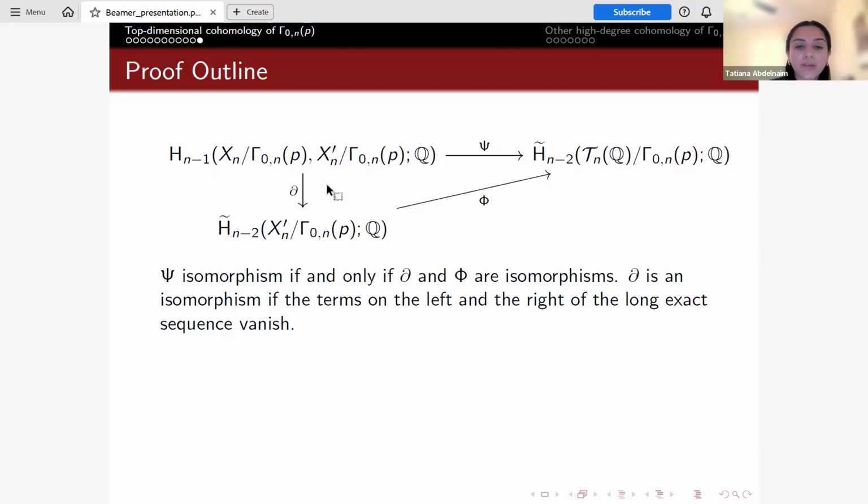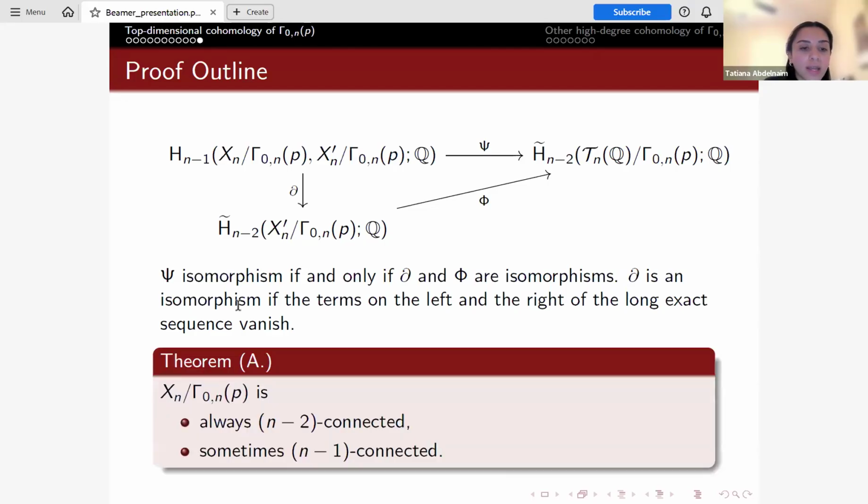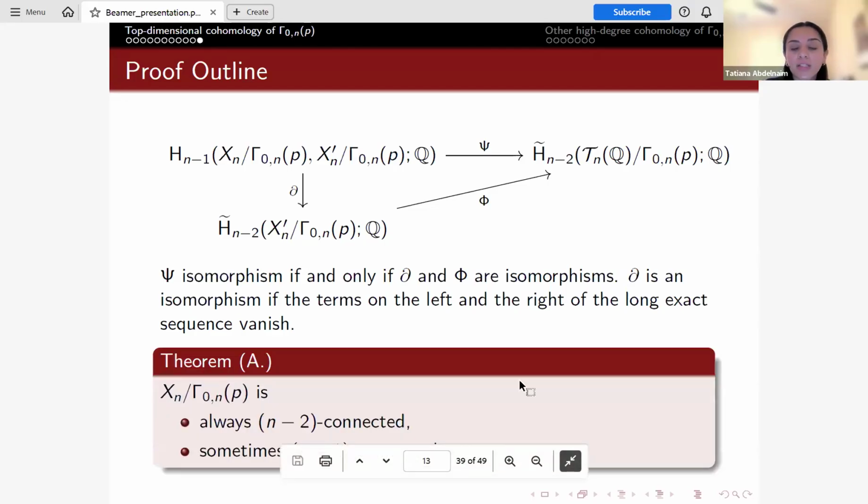And this boundary map is an isomorphism if the term on the left in the long exact sequence and the term on the right in the long exact sequence vanish. And so for these two terms to vanish, I proved that Xn mod gamma is always n-2 connected, and this will give the surjectivity part.